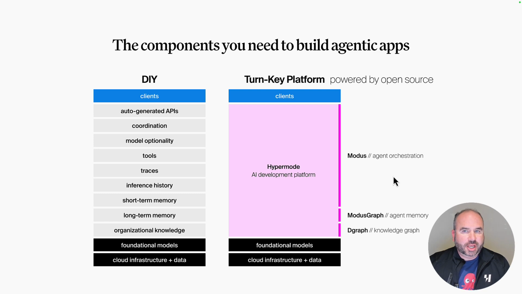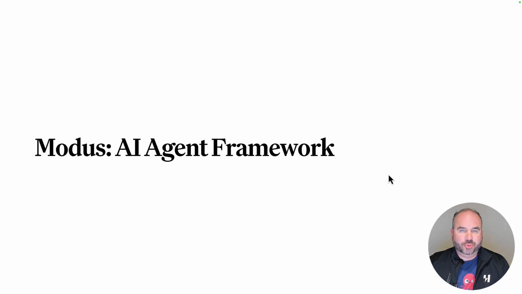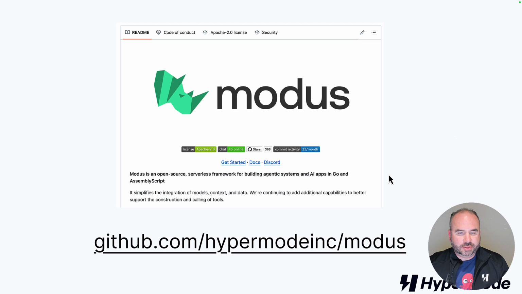And so to enable building agentic apps, at Hypermode, we've created the Modus Agent Orchestration Framework, which is an open source framework for creating AI agents, really for bringing data to models and exposing tools and abstractions for working with agentic flows.